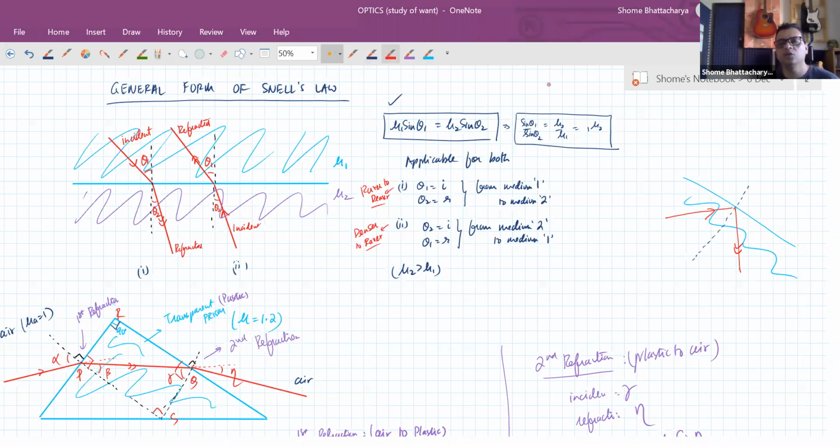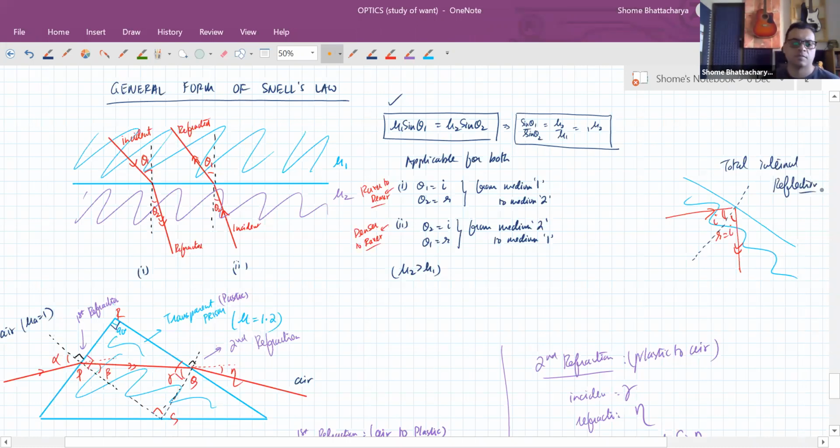So the phenomenon of total internal reflection will be happening over here. So if this angle of incidence is I, this angle, I mean R, is equal to I. That is what will be happening here. Yes, there is the concept of critical angle and total internal reflection, which we'll discuss.